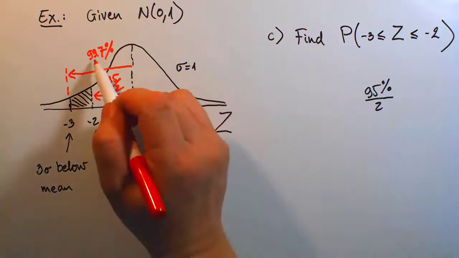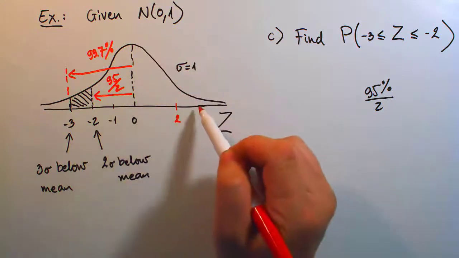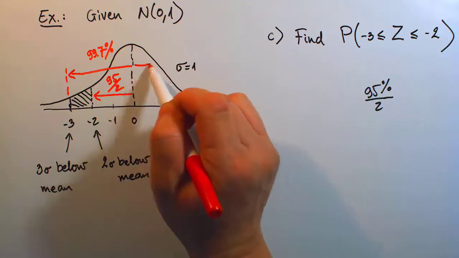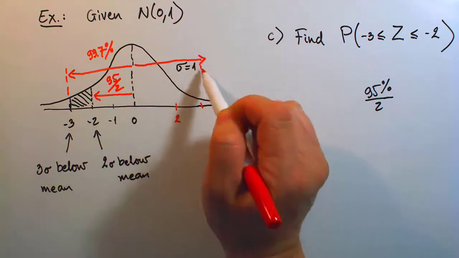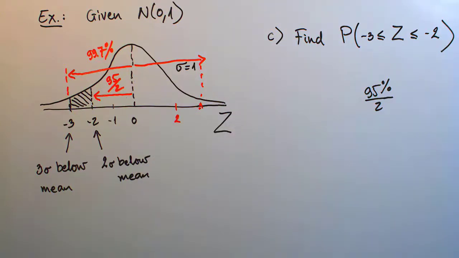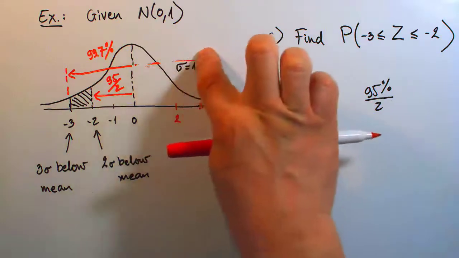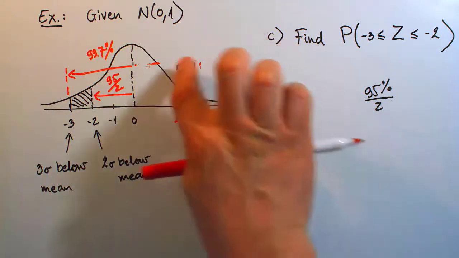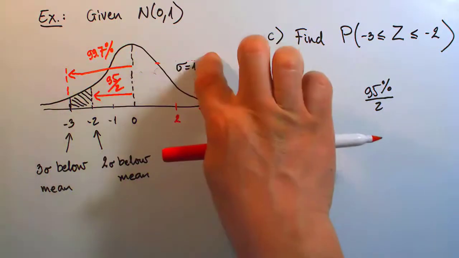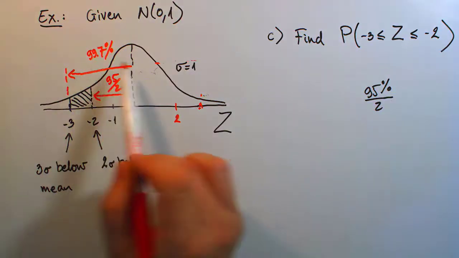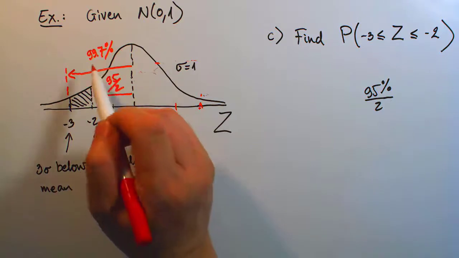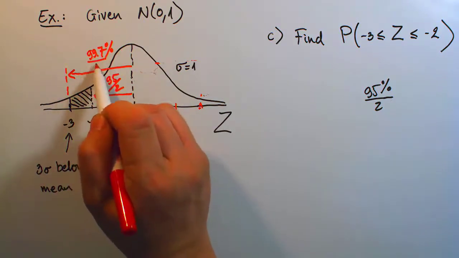But that complete 99.7 needs to be this complete symmetric interval up to here. But here we actually only have half of that. So allow me to erase the other part by hand, because I just want to indicate that we only have half of that complete 99.7. So we actually need to divide this by 2.